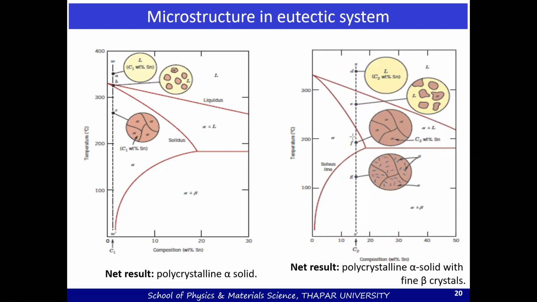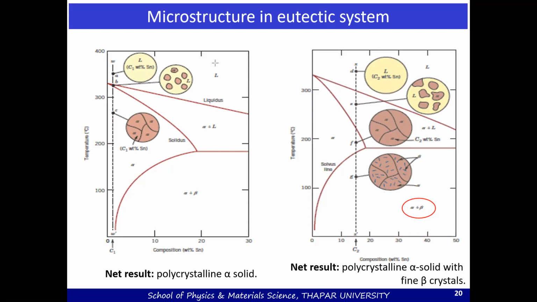If you continue to cool it further and cross the solvus line and move along to point G, now you will be in a region which is marked with alpha plus beta. So now you have an alpha plus beta region. Now, where are you coming from?